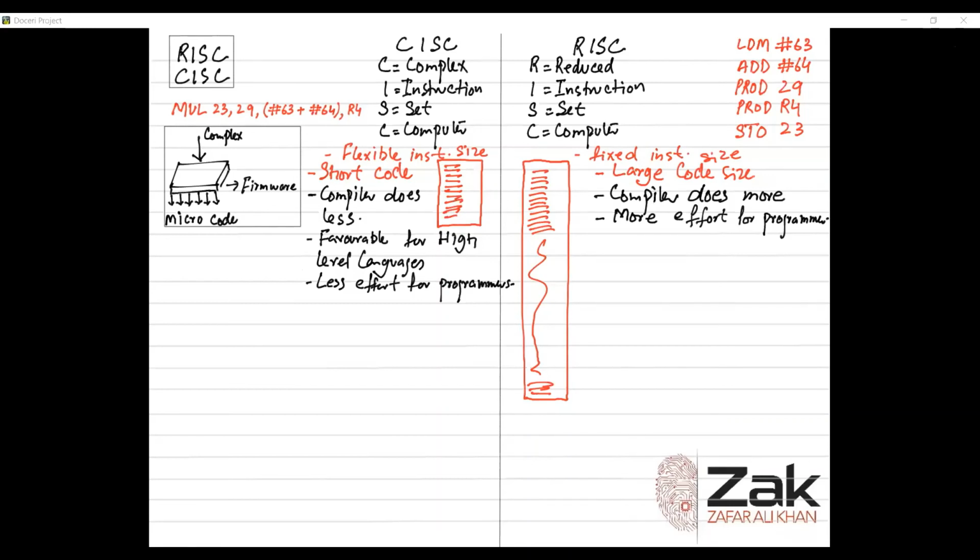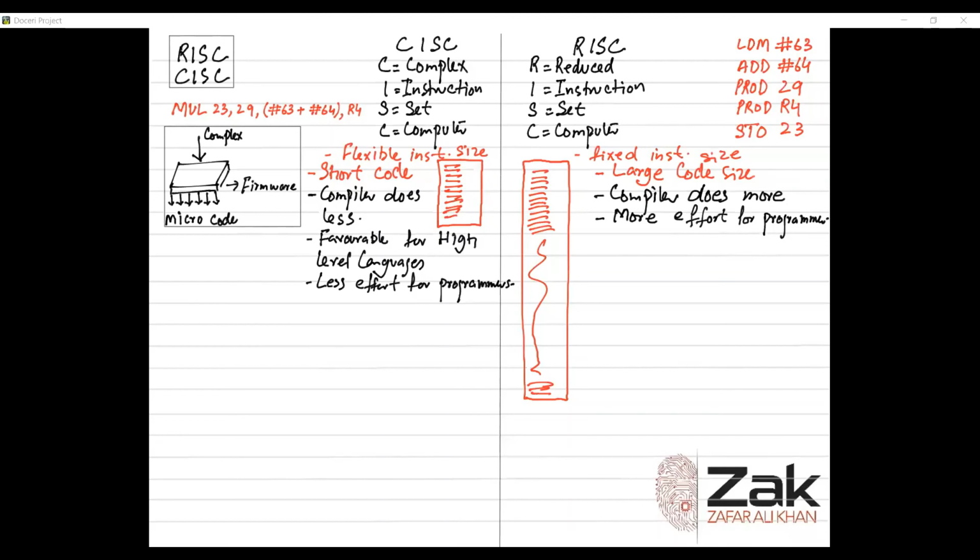We have already studied that whatever we do in high-level languages is in short code, and if you convert it to the assembly language way, you would have to write more code.